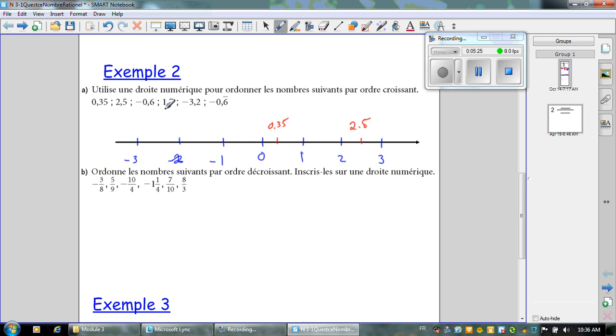Negative 60 cents would be around here, a little bit more than halfway. So 60 cents. $1.70 would be close to $2. So $1.70 right here. Negative $3.20 would be right after $3, here. $3.20.